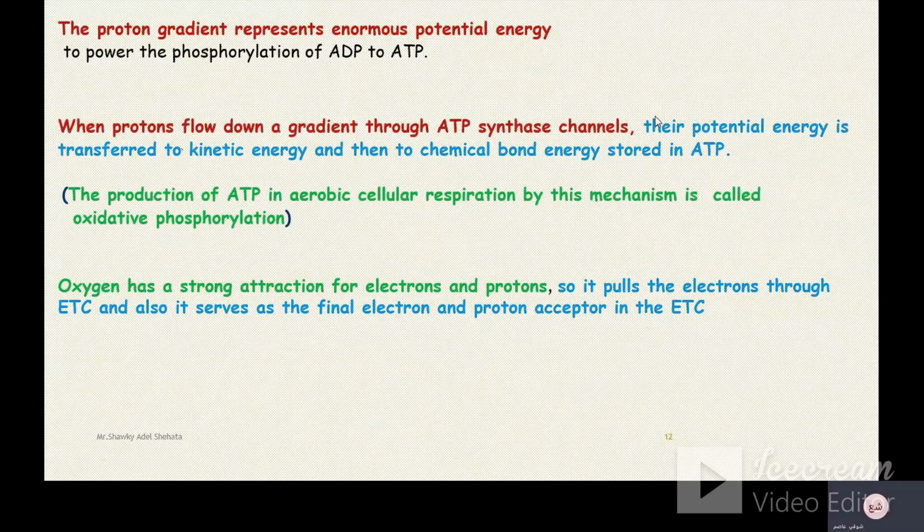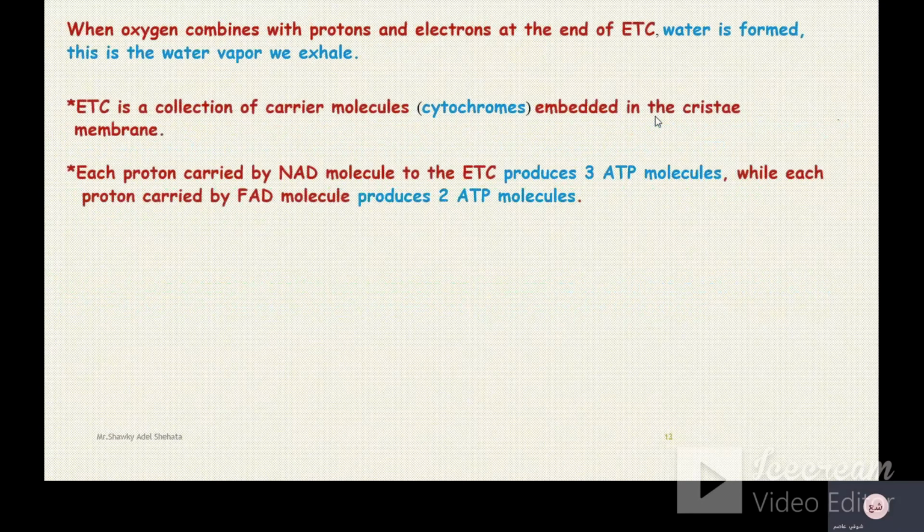Oxygen has a strong attraction for electrons and protons, so it pulls the electrons through the electron transport chain, and it also serves as the final electron and proton acceptor in the electron transport chain. When the oxygen combines with the protons and the electrons at the end of the electron transport chain, water is formed, and this is the water vapor we exhale.